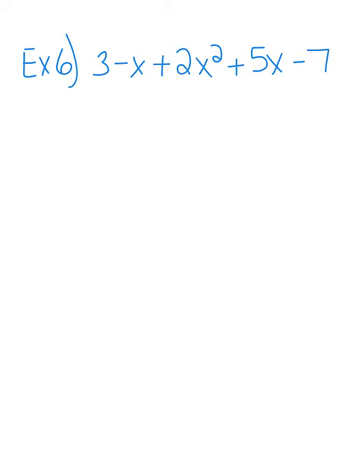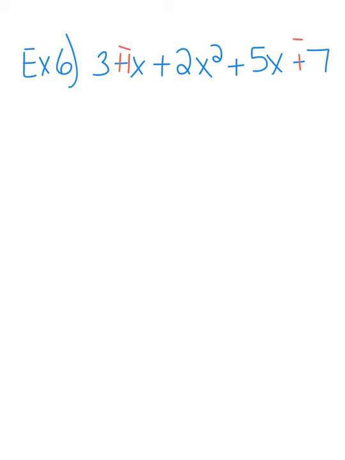This one has a lot of terms, and again, we want to make sure we change all that subtraction to add a negative. What number goes in front of an x if it's not written? We know it's the number 1, so I'm going to go ahead and put the number 1 in there. We also know with our minus 7, we're going to change it to add a negative 7.